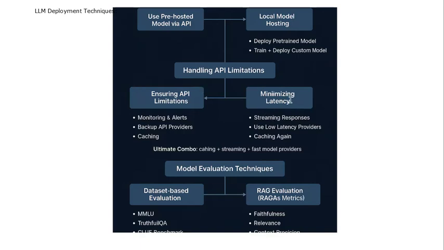So during that time, your response is already streaming. That's why you can get the response back to your client in low latency, and your client will stay with you for a long time if he is satisfied with your services. And use low latency providers in case you are using any pre-hosted models, then choose fast response providing models or low latency providing models, and caching again.